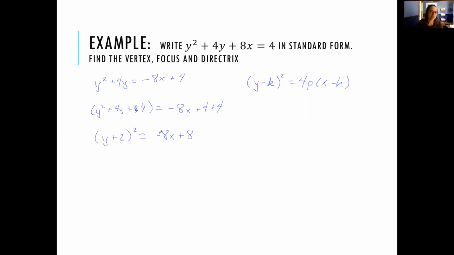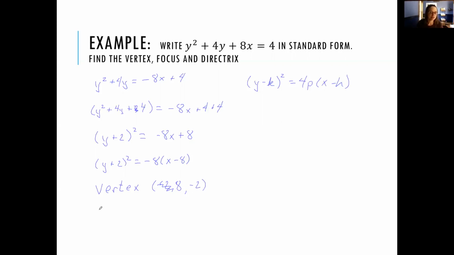Now we factor out on the right-hand side the coefficient on the x. So y plus 2 squared equals negative 8 times x minus 8. So that gives us a vertex at 8 comma negative 2.